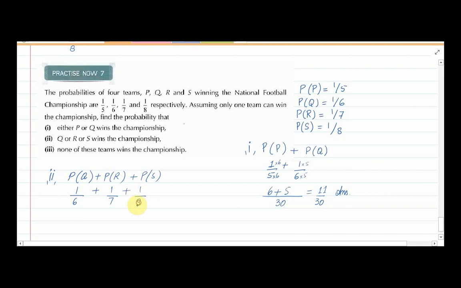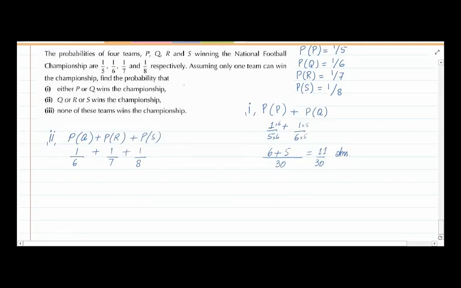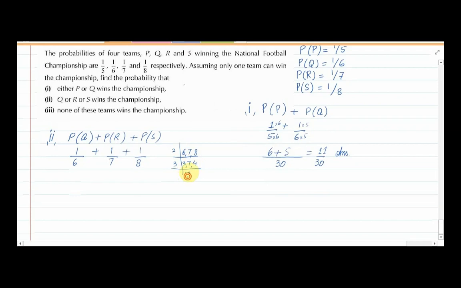Now for 6, 7 and 8, you need to find the LCM. 6, 7 and 8. So 2 3s are 6, 7 as it is, and 2 4s are 8. Now 3, 1, 7, 4, 4, 1, 7, 1 and then 7, 1, 1, 1.